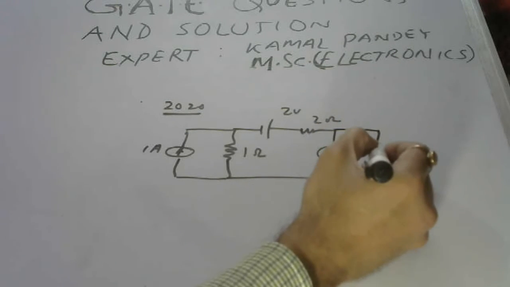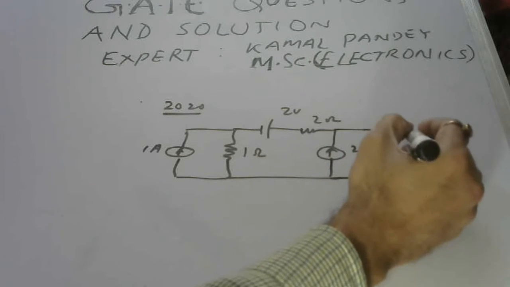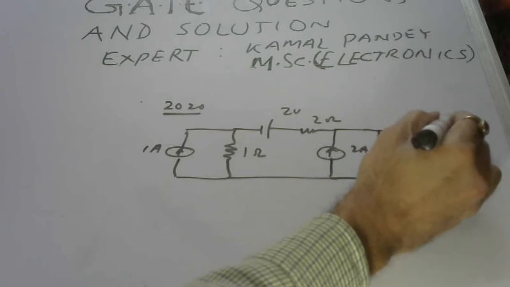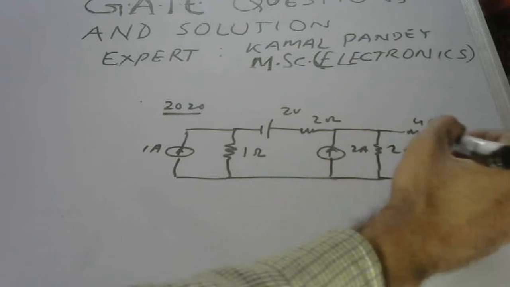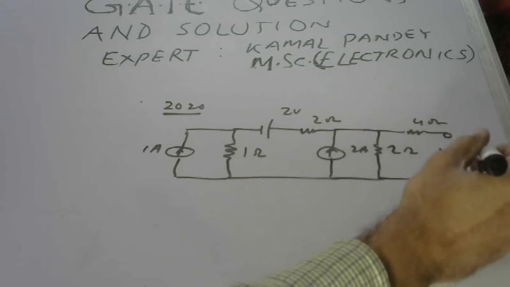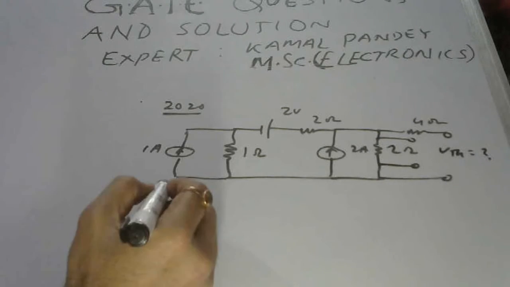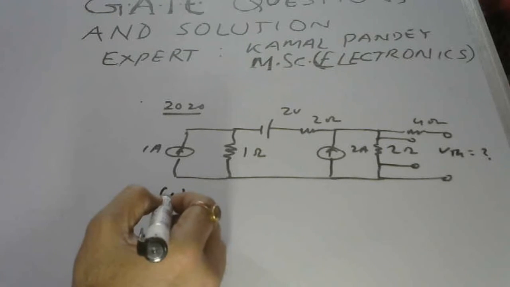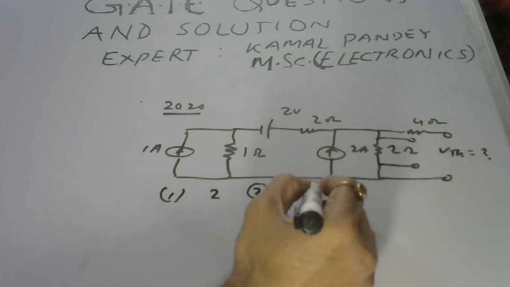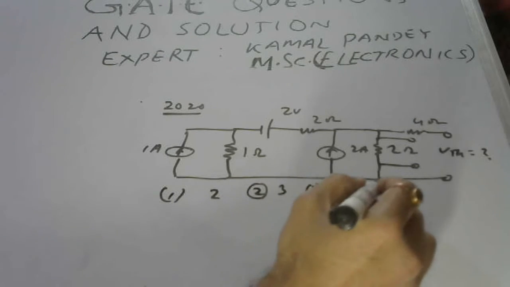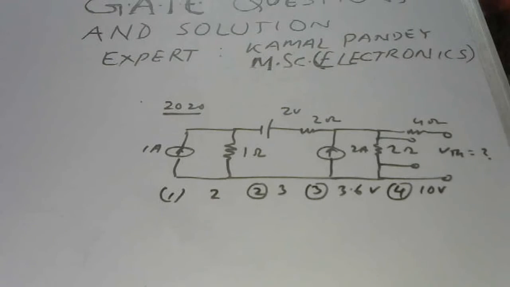Here is one resistance connected in parallel of 2 ohm, and here is a 4 ohm resistance. This is the question: find VTH. VTH is how much? That means the voltage across the 2 ohm resistance. We have options: number 1, 2 volt; number 2, 3 volt; number 3, 3.6 volt; number 4, 10 volt.